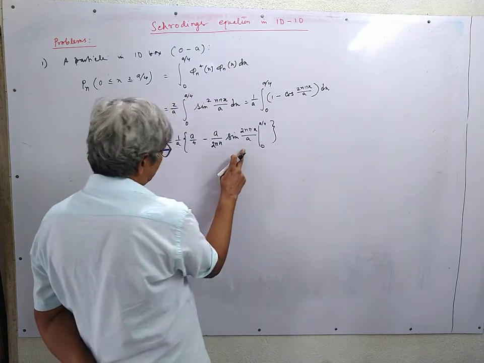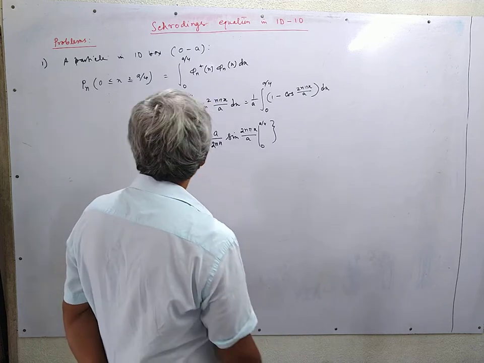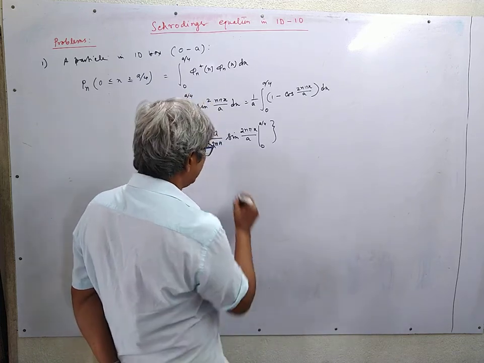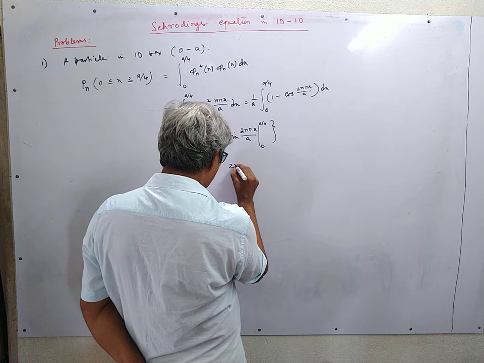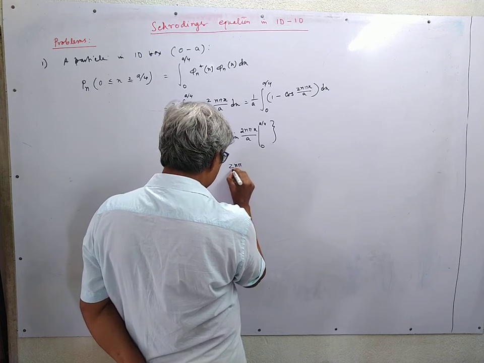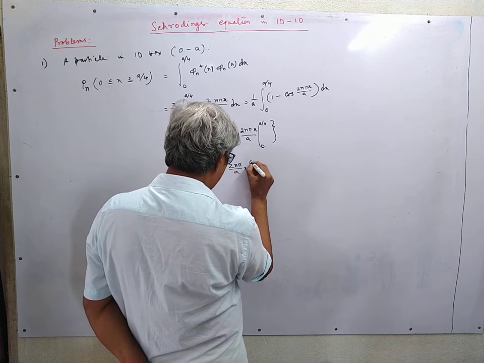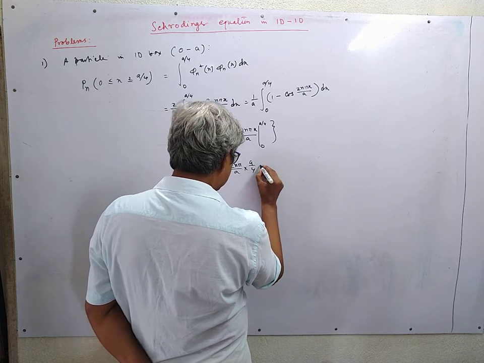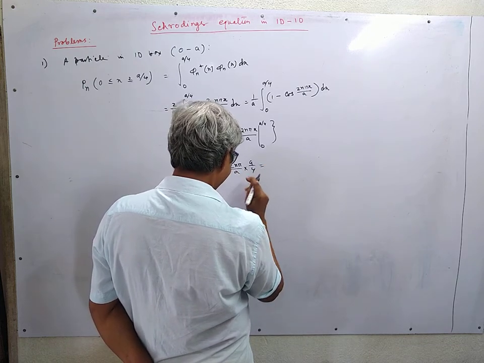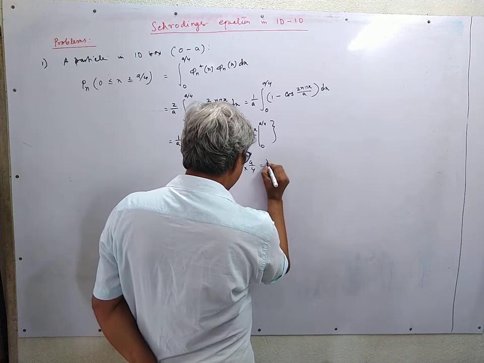It is 0 in the lower limit, and in the upper limit we will have 2n pi by A into A by 4, which is n pi by 2.